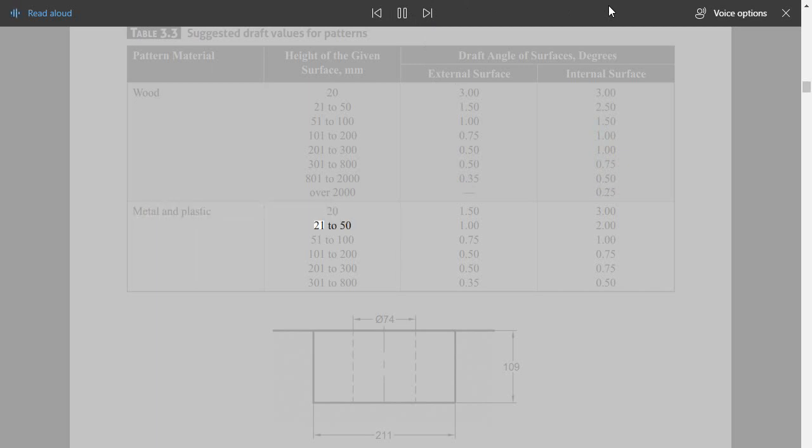Metal and plastic: 20 to 50, 51 to 100, 101 to 200, 201 to 300, 301 to 800: 1.50, 1.00, 0.75, 0.50, 0.50, 0.35; and 3.00, 2.00, 1.00, 0.75, 0.75, 0.50.